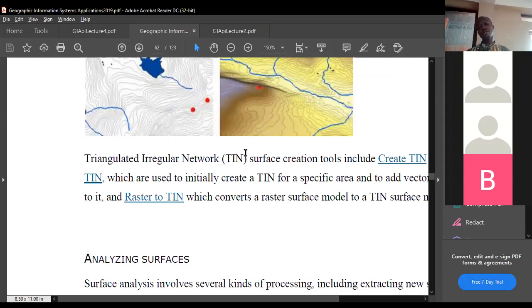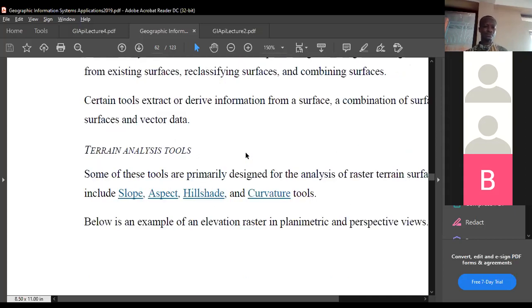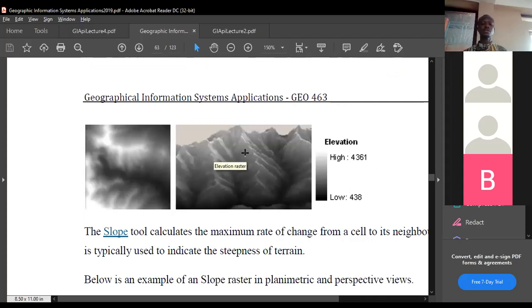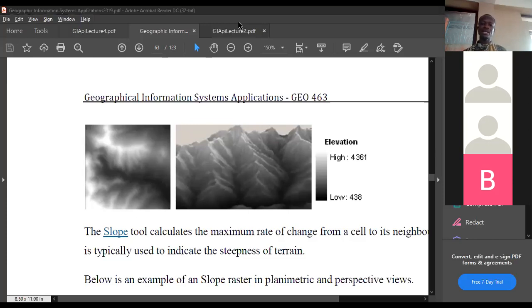Triangulated irregular network, I think we already talked about that. Slope, aspect, let's talk about these ones, maybe hillshade surfaces. So let's say you want to generate a slope surface. This is what you do. You put in a DEM. Let me tell you what a DEM is. DEM stands for digital elevation model.